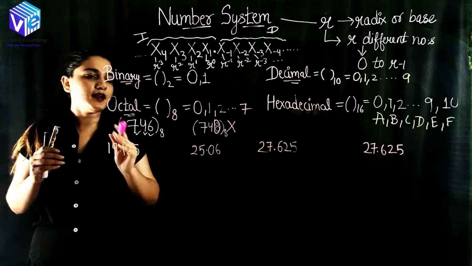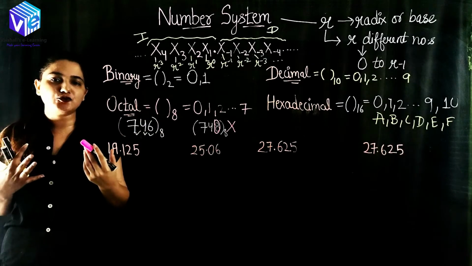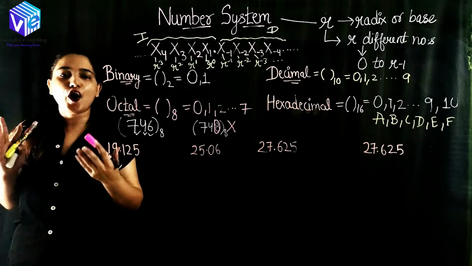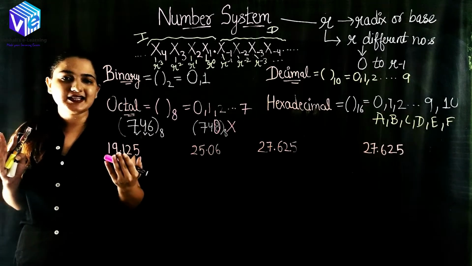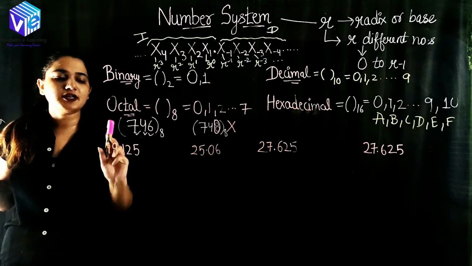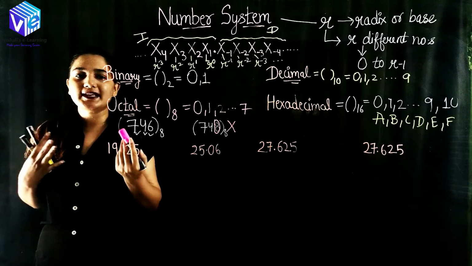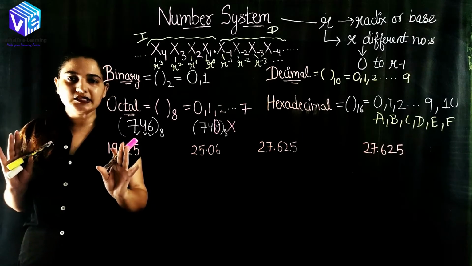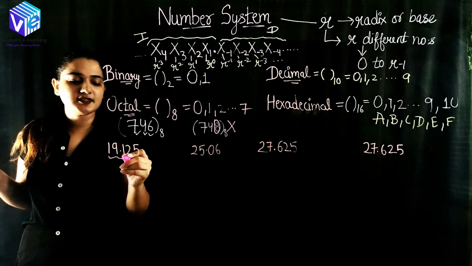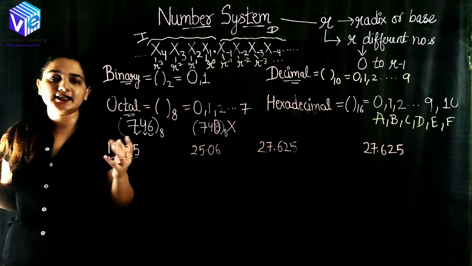So now I hope you understood what a number system is and what the different types of number systems are. Now we'll be seeing 4 examples of conversion from the decimal number system. We know what the decimal number system is. We know what 19.125 is, what the units place is, what the tens place is. We know all of these things in the decimal number system. Now I need to convert this number into binary, octal and hexadecimal.